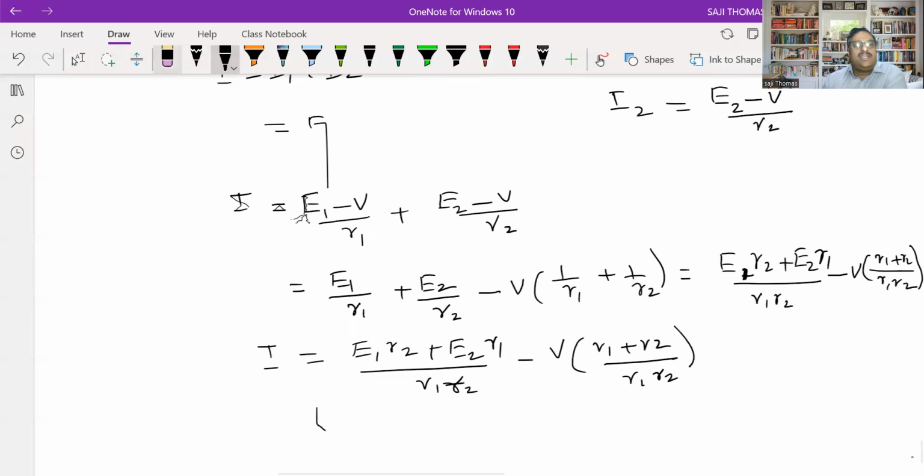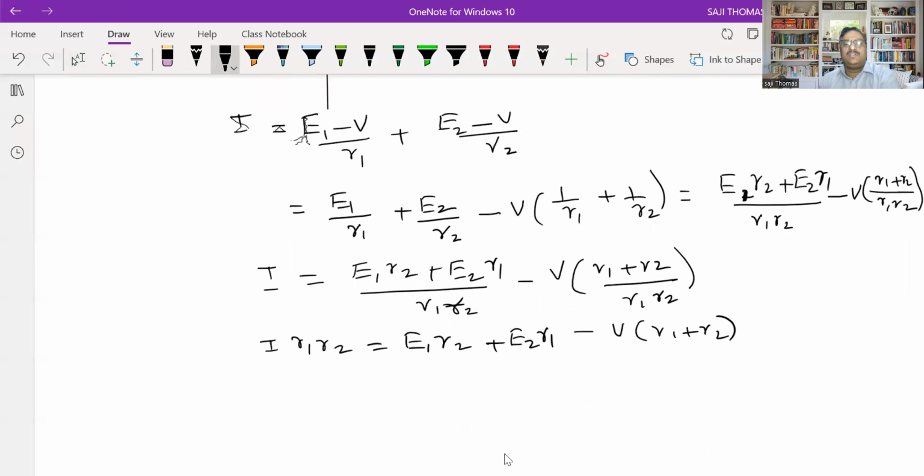Now you take cross multiply by R1 R2. So now cross multiply, you are getting I into R1 R2 equals E1 R2 plus E2 R1 minus V into (R1 plus R2).